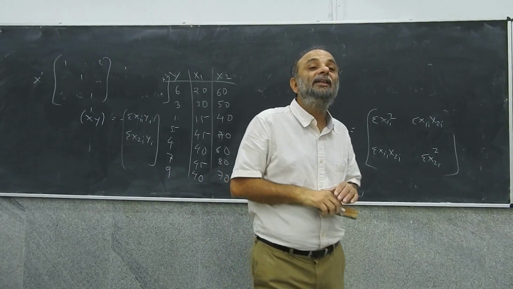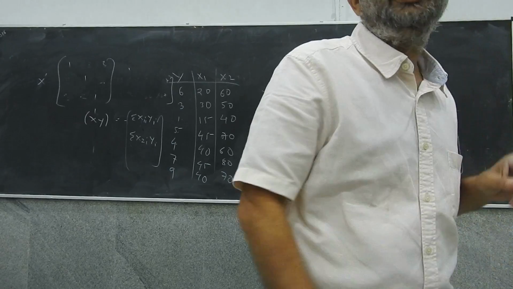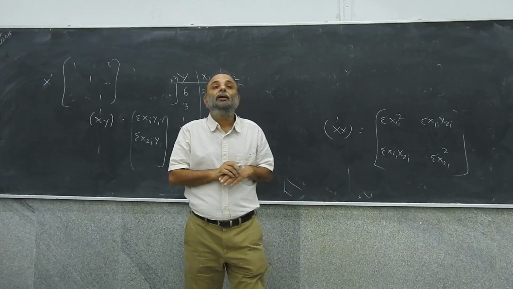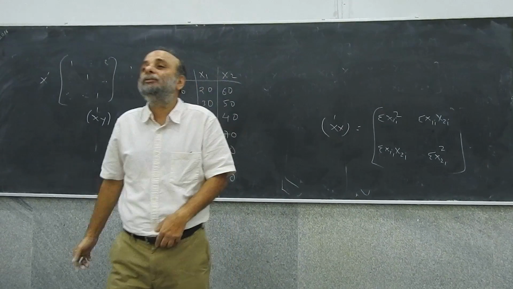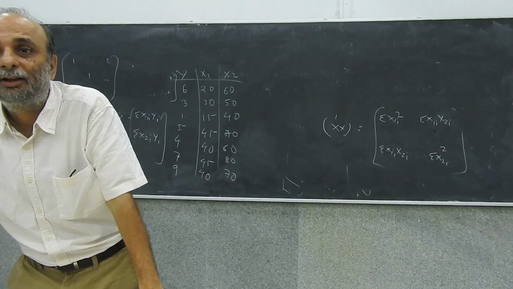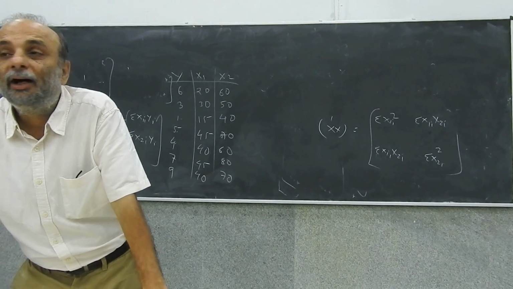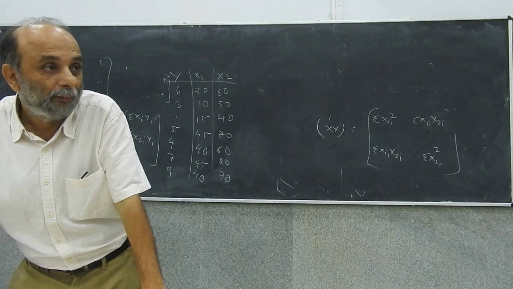Now I am looking for x dash x inverse. When does x dash x inverse exist? When does a matrix inverse exist? When the determinant of that matrix is not 0.